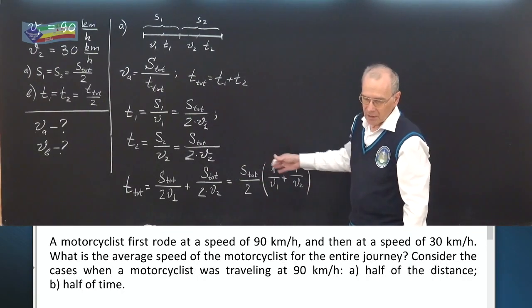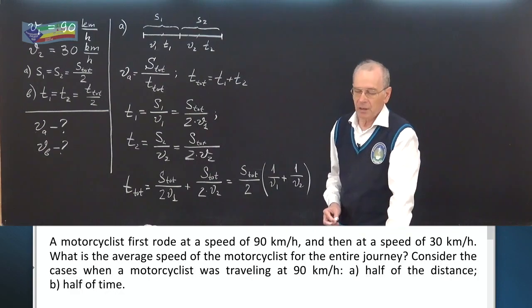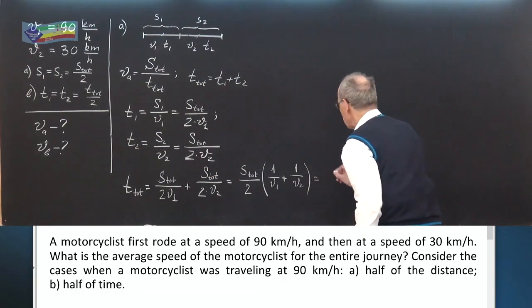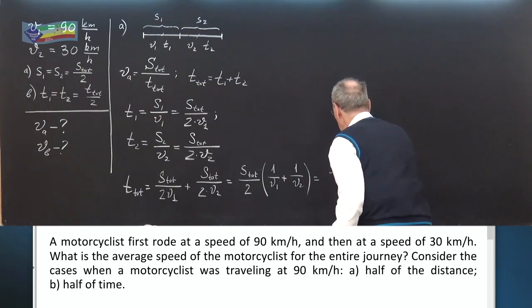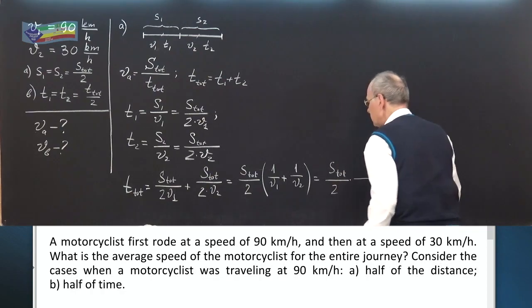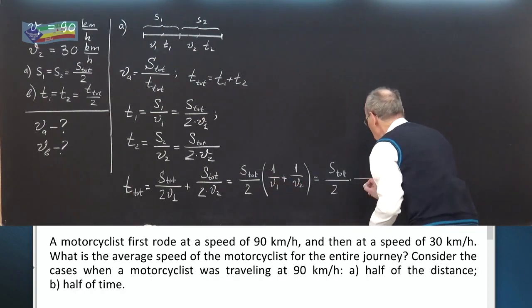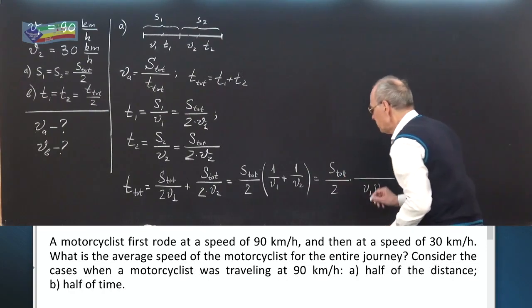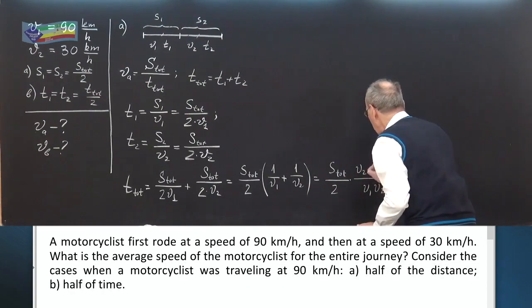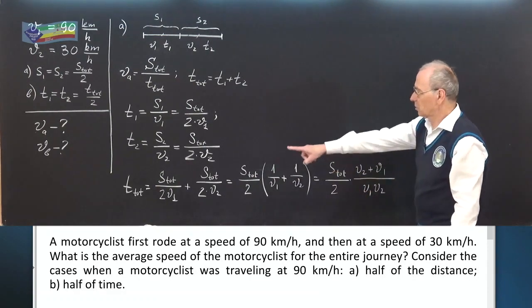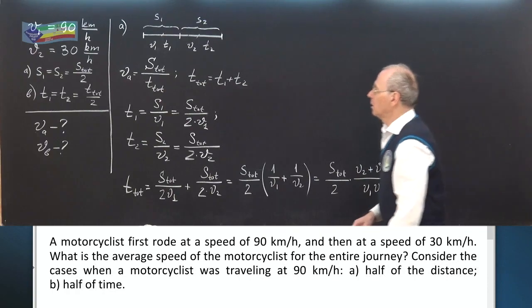So bring it to the common denominator, equals S total divided by 2. The common denominator is V1, V2, the numerator V2 plus V1. This is total time.